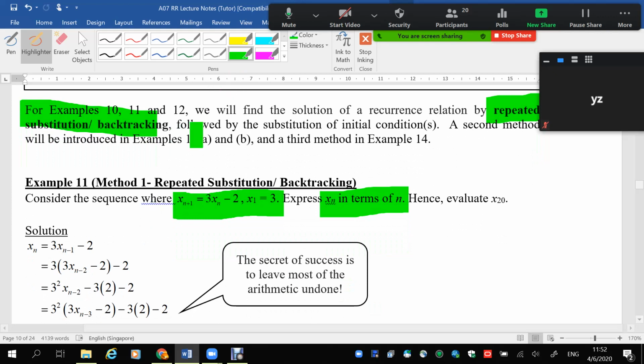The typical approach is, of course, start off from the recurrence relation, then do your substitution bit by bit. Then you try to spot some pattern and generalize until you can get certain patterns coming up.